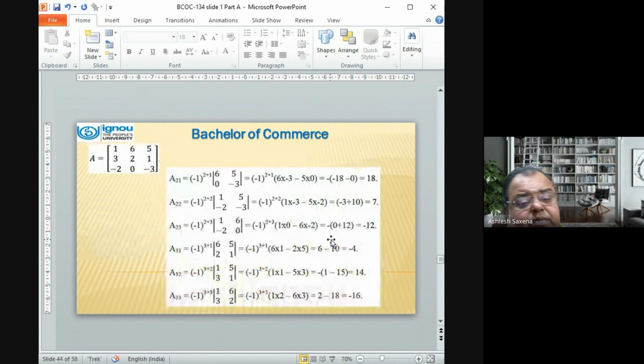A21. Everything has been resolved. A21, A22, A23, A31, A32, and A33. Three values have been found over here, and six values over here. So we have got the 9 values.